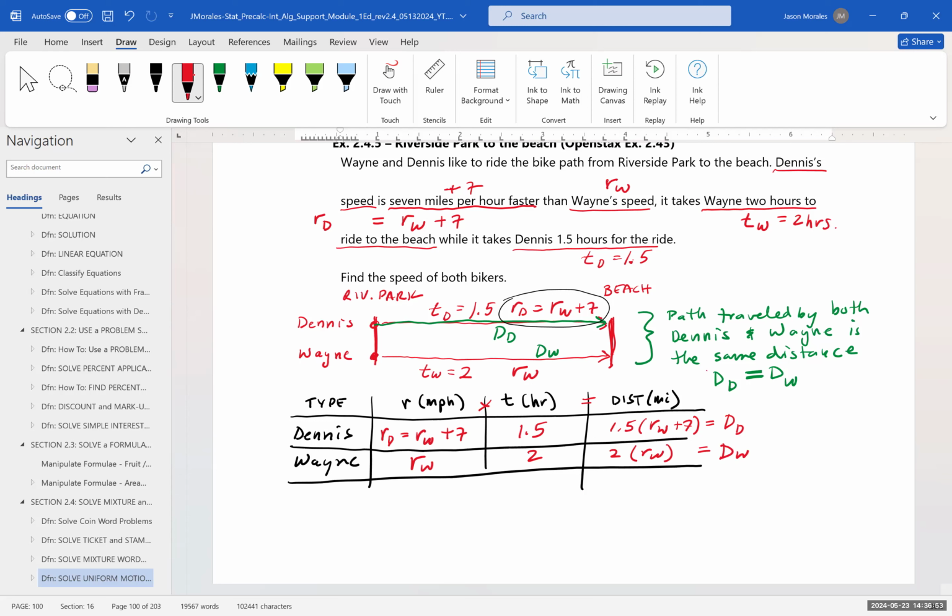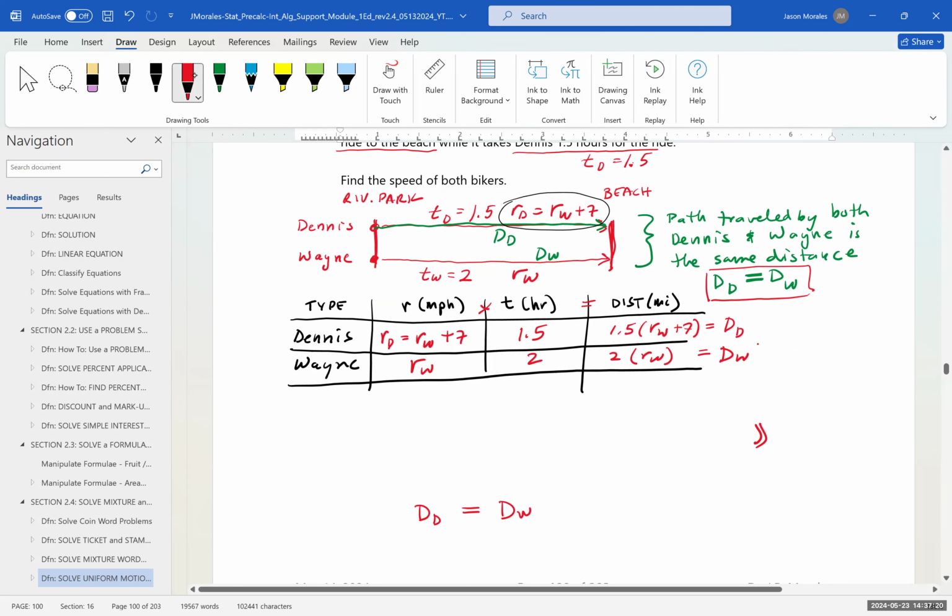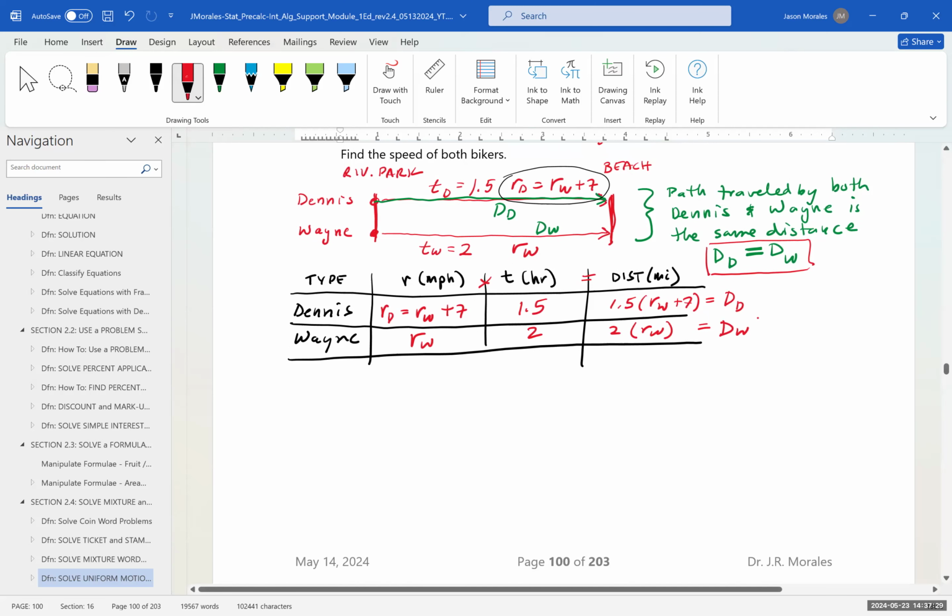Now, remember earlier up here, I made this observation about the distances being equal. Well, that means we're going to set these two equal to each other. So we're going to have Dennis's distance equal to Wayne's distance.